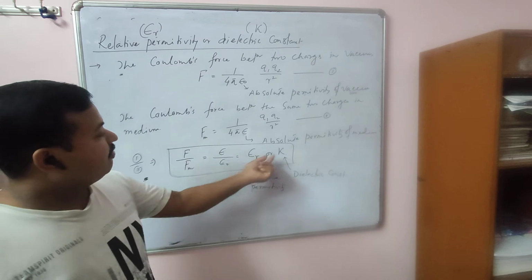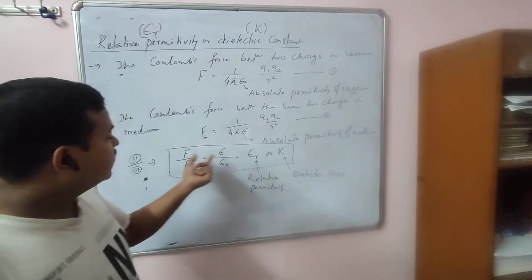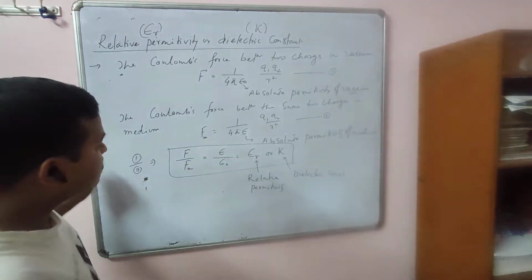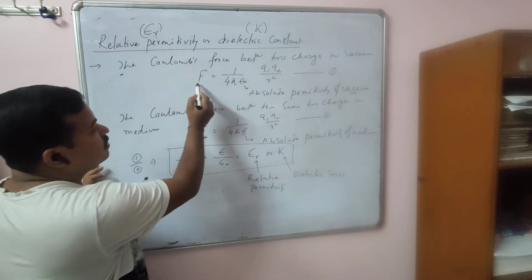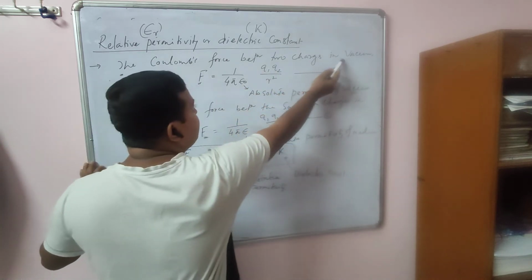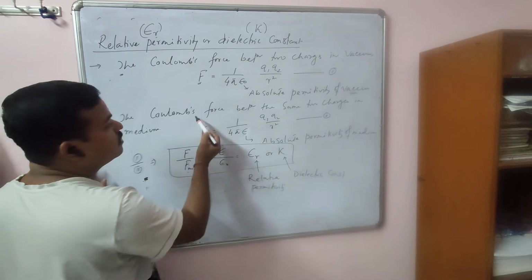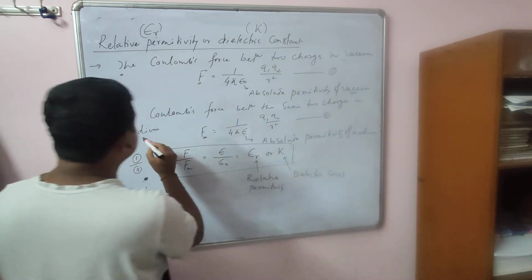Now you can define these two in terms of force also. F is the force between two charges placed in vacuum, and Fm is the force between the same two charges placed in a medium.